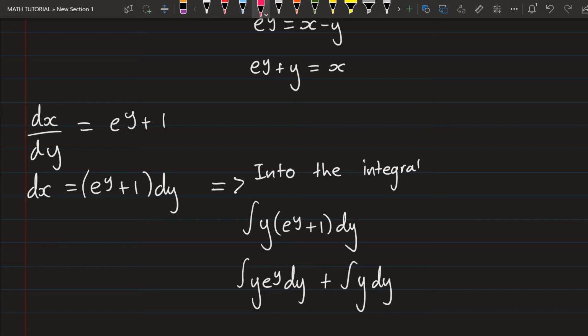And now we can use integration by parts to find this first term.